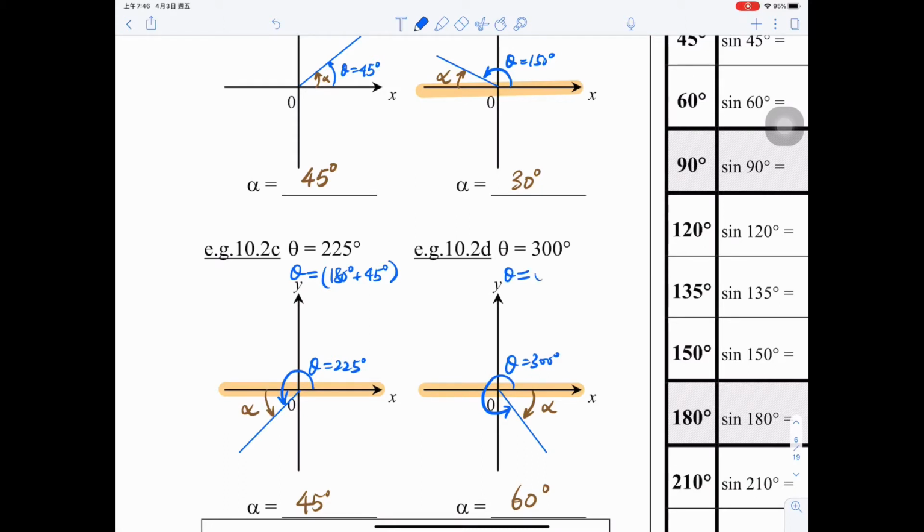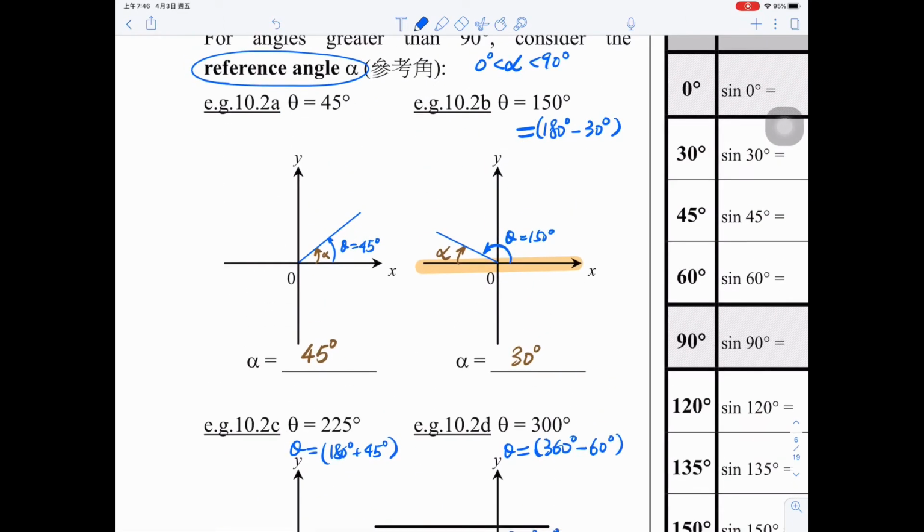You can think of it as 360 degrees minus 60 degrees. So you see that for those angles greater than 90 degrees, for 150 we can use a reference angle of 30 degrees. For 225, I use a reference angle of 45 degrees. For 300 degrees, we use 60 degrees.